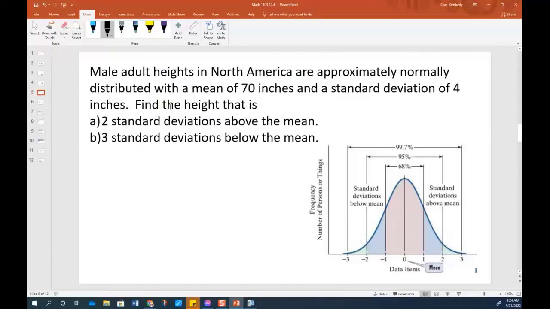So this is how it's going to apply. Here's an example problem. Male adult heights in North America are approximately normally distributed, and that's those heights that we were looking at on the first slide. The mean is 70 inches and the standard deviation is 4. Okay, so if the mean, which is 0 standard deviations, is 70 inches, and every time I go out that far, I've gone 4.